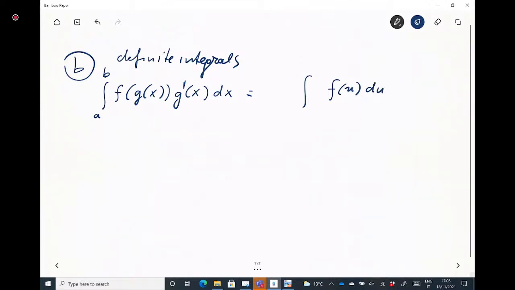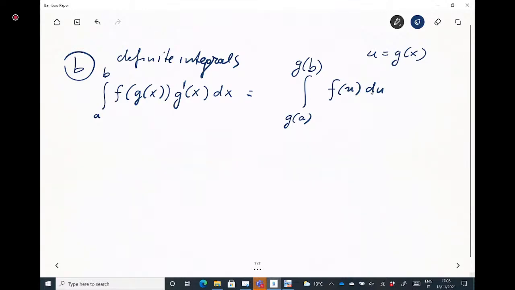But just keep in mind that since u is equal to g of x, here we have to put g of a as the lower limit of integration and g of b as the upper limit of integration. And this is clear because here the variable of integration is x, and x runs between a and b.